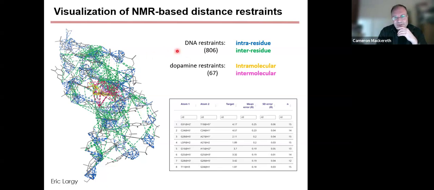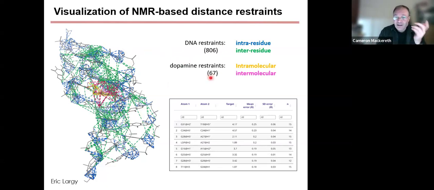And you can see that we have restraints both within the residue, so to help us to know how the conformation of that particular nucleotide looks like, between DNA bases and sugars, but also dopamine, the ligand within itself, and also between the dopamine and the DNA. So it's very well characterized, you can see here.